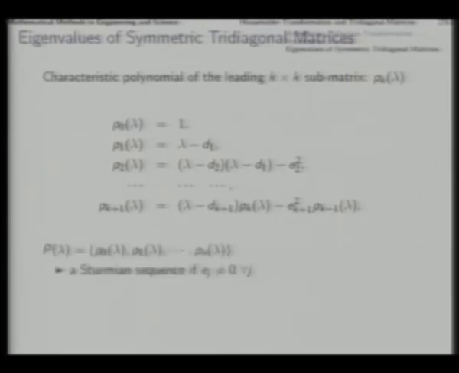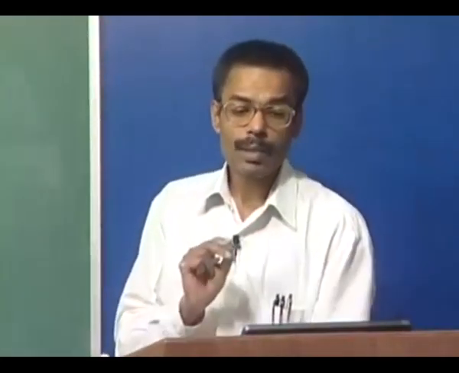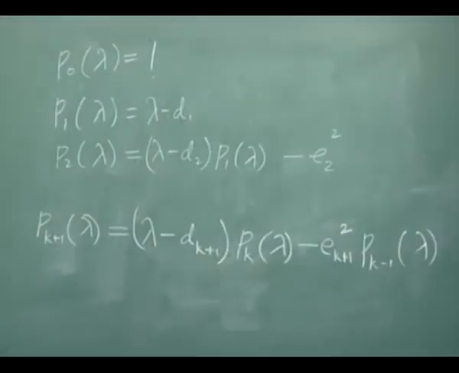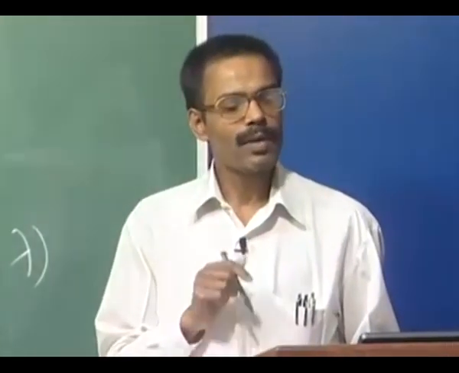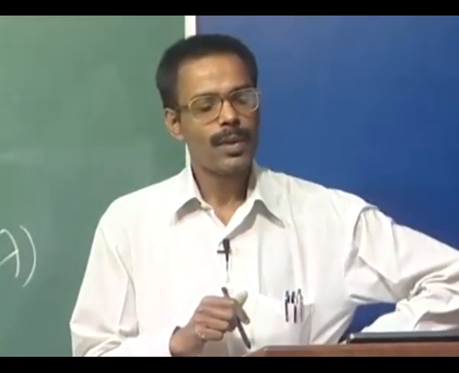In particular, they have the Sturmian sequence property, if all the e_j's, all the subdiagonal and superdiagonal entries, are non-zero. In that case, the sequence p_0, p_1, p_2, and so on has an interesting property.